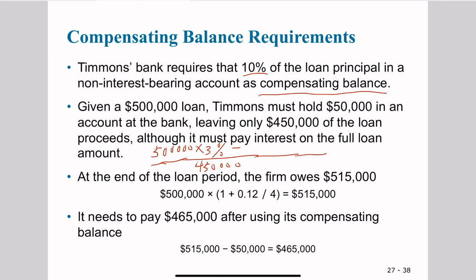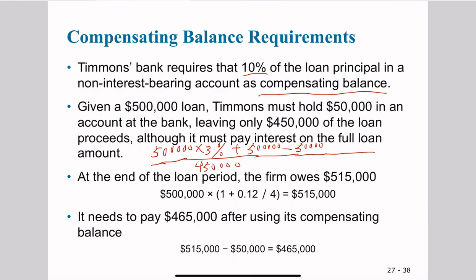And then the firm will need to pay back the principal of $500,000, but the firm has compensating balance. So the actual principal the firm needs to pay is only $500,000 minus the compensating balance.